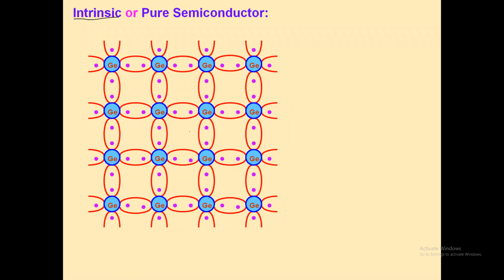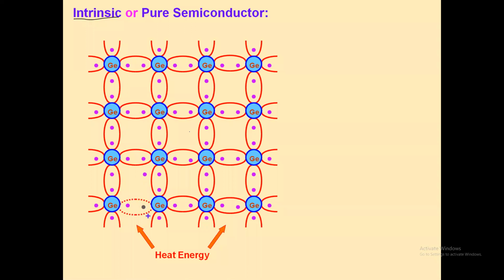Is it right? Now, as we know, when heat is supplied to that pure semiconductor material, and at room temperature also, a few covalent bonds in the pure semiconductor material try to break. When at room temperature the pure germanium atoms get some heat energy, the covalent bonds try to break.